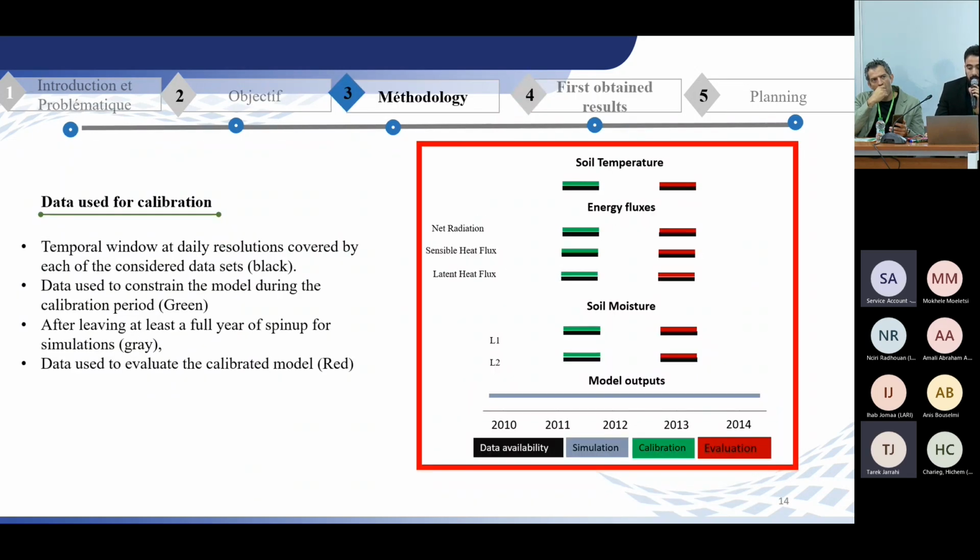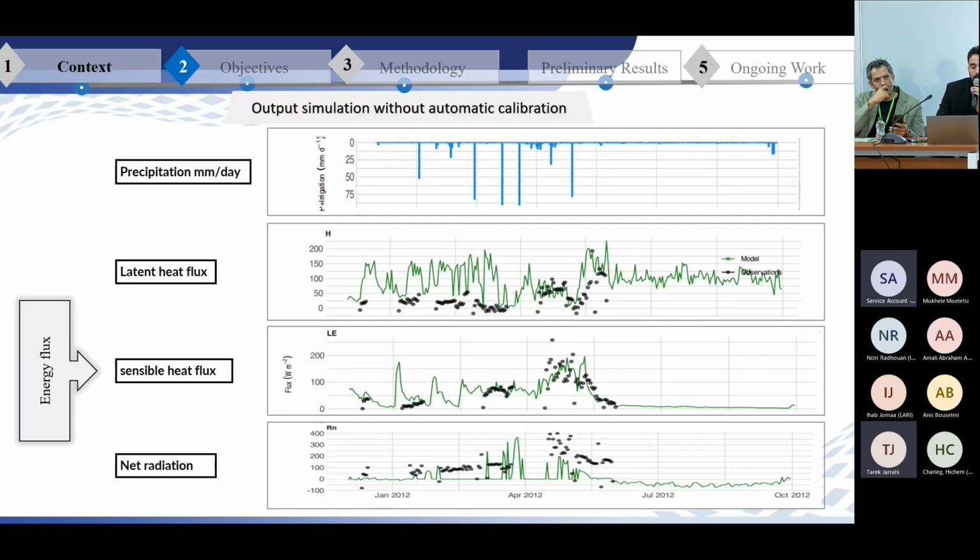The data used for calibration, using the eddy covariance data, the piezometer, and the TDR for quantifying the volumetric water content. So here our first trial.